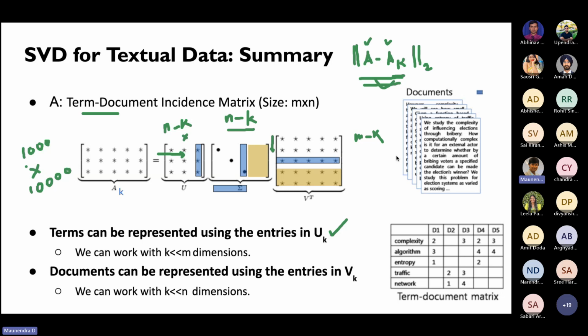So one can set a cutoff and say that, whatever is the summation of all the eigenvalues, I'll try to retain 90% of that sum. This is one way in which it can be done.